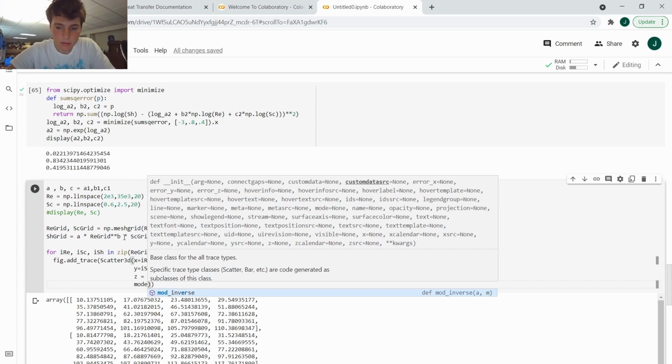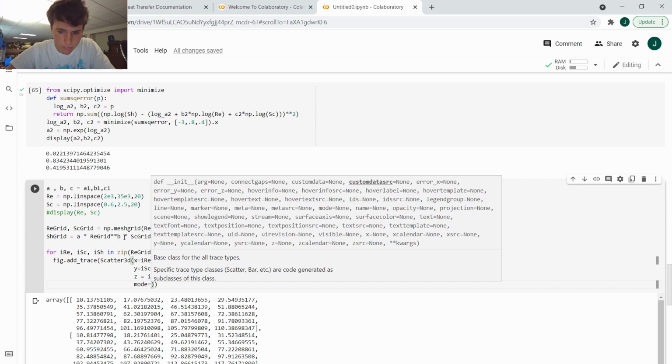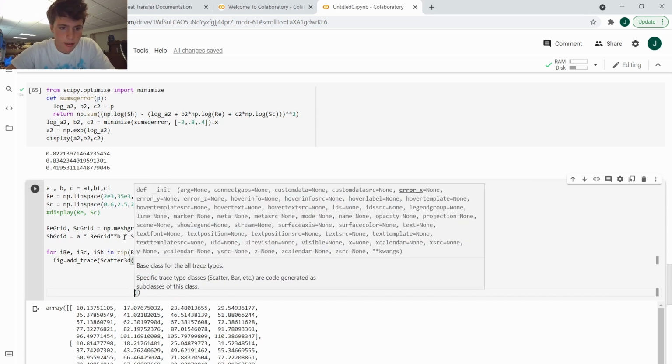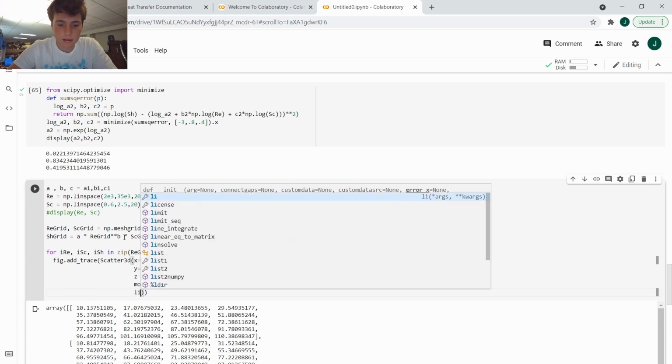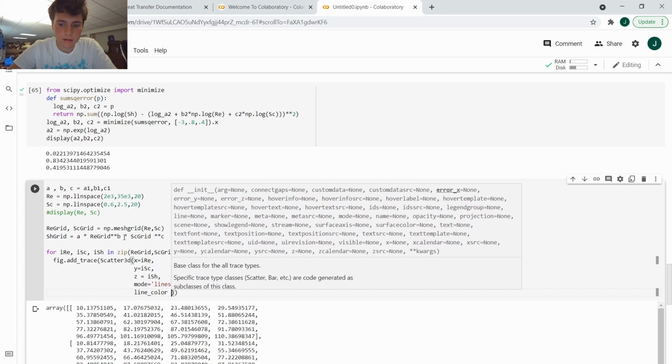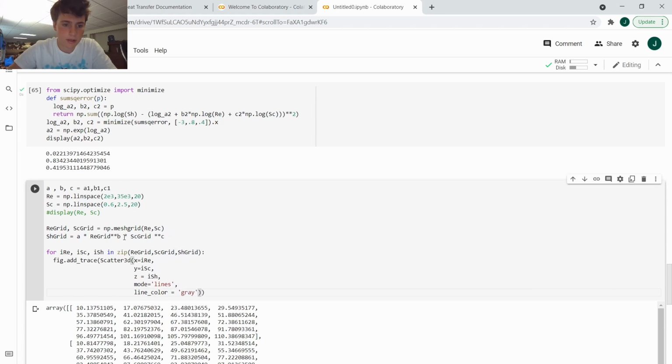So mode equals lines, and if we were to plot this right now, all the lines would be different colors and it wouldn't look good, so we just want to keep every single line the same color. So we can say line color equals gray.